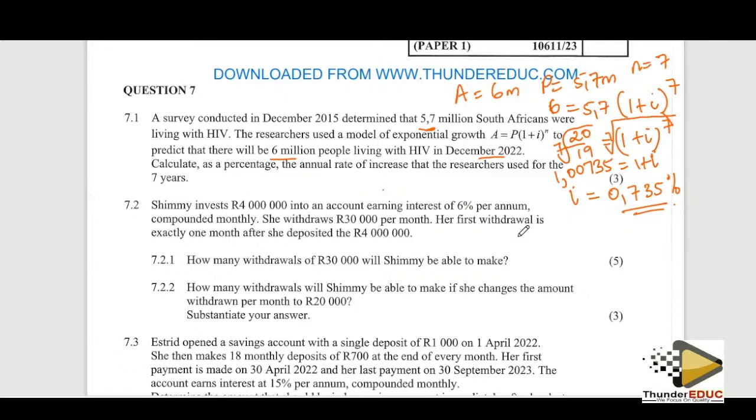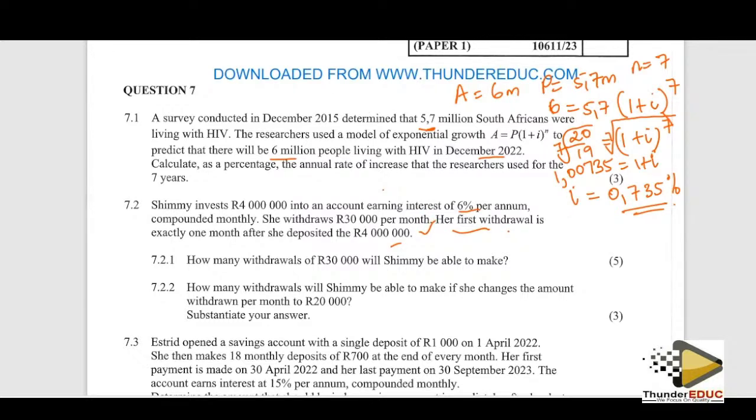7.2, they're telling us that Shimi invests 4 million into an account that is earning 6% per annum compounded monthly. She withdraws 30,000 rands per month. The first withdrawal is exactly 1 month after she deposited the money. How many withdrawals of 30,000 are we going to make?